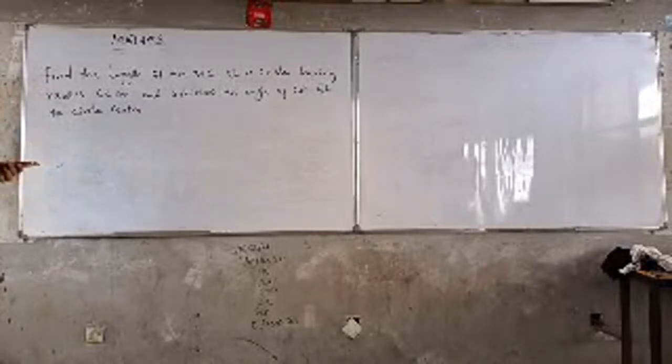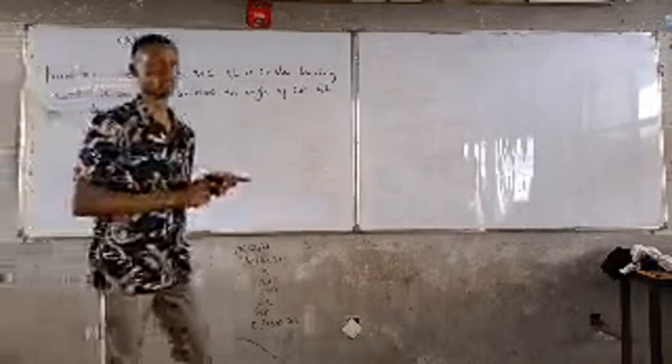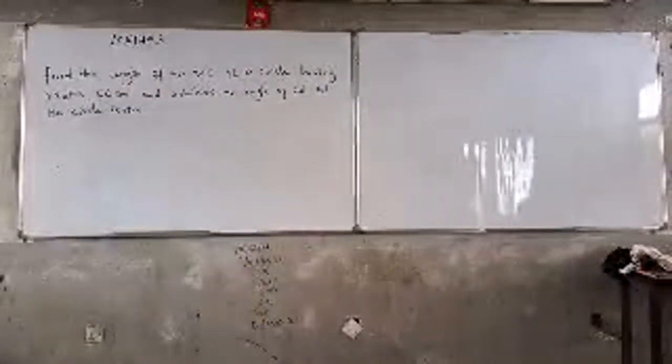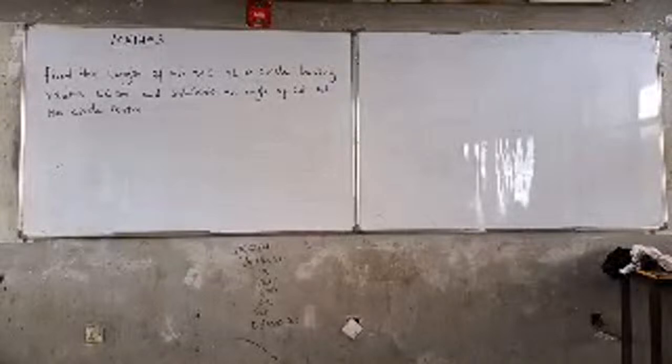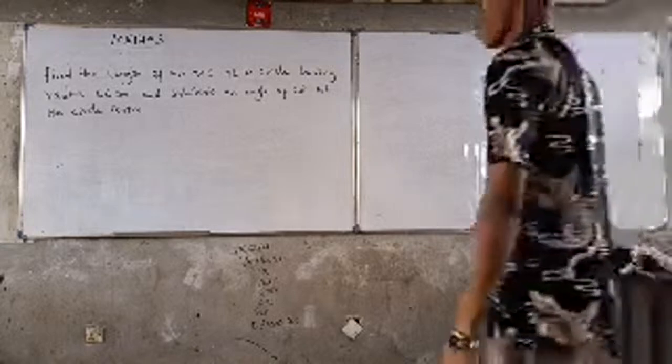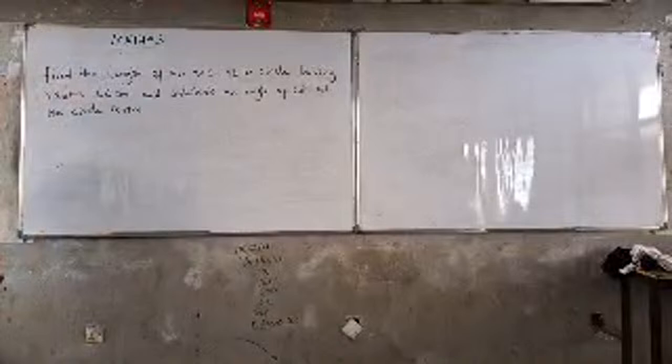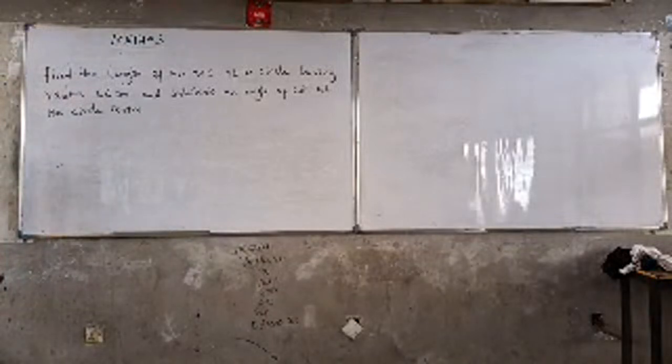So that's the equation. Write it down. Let's solve it together. Find the length of an arc of a circle having radius 66 cm and subtends an angle of 60 degrees at the circle center.